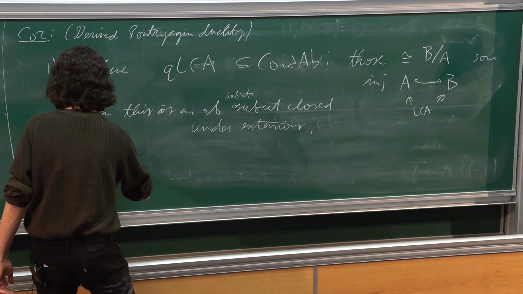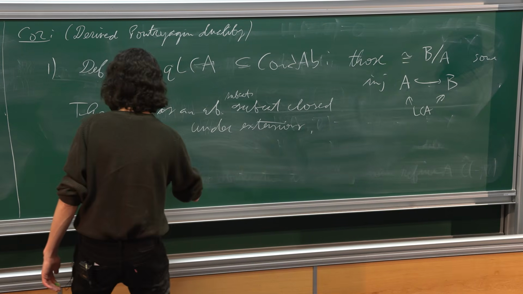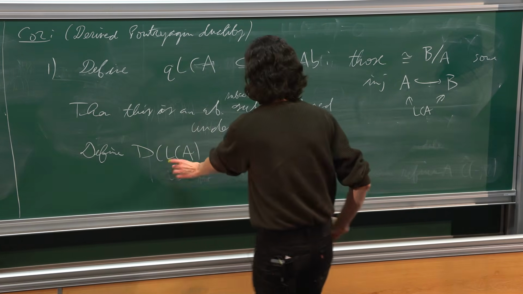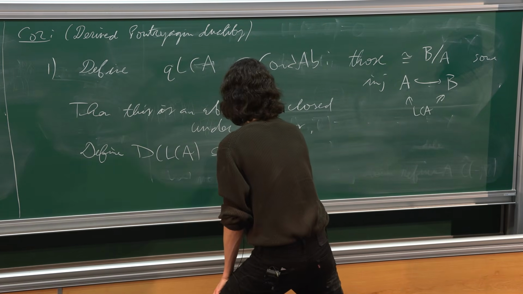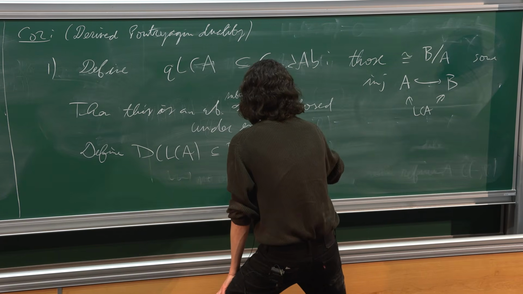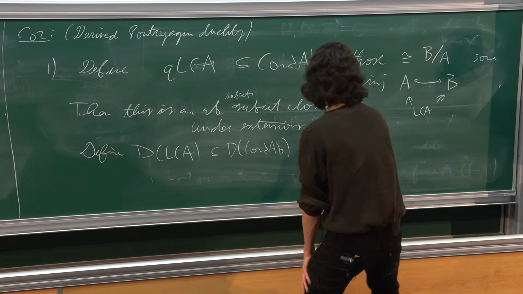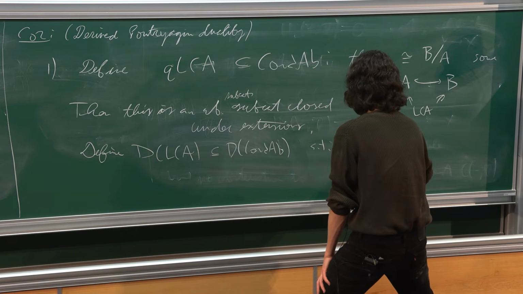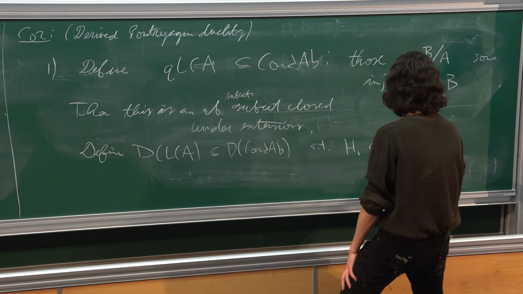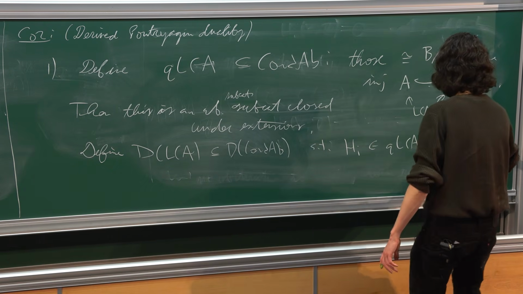But anyway, this also makes it reasonable to define the unbounded derived category of locally compact abelian groups as a full subcategory of derived condensed abelian groups such that all the homology groups are in QLCA for all i.